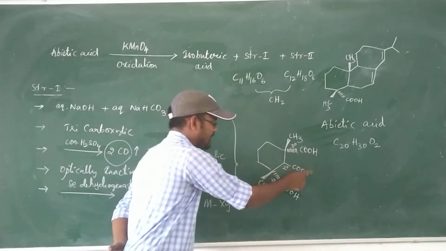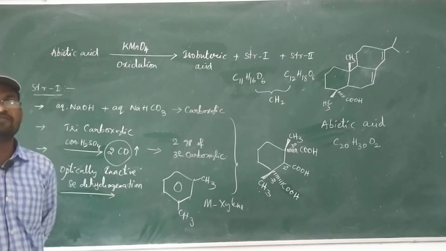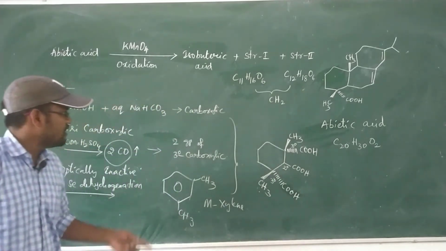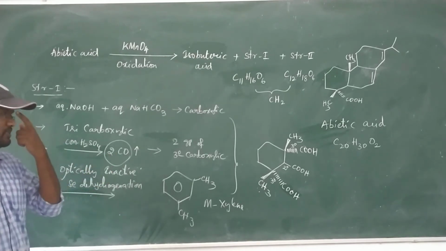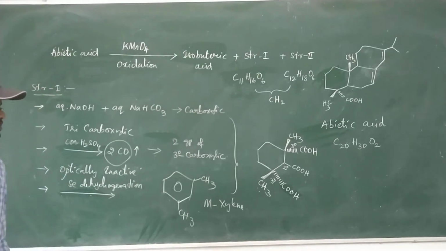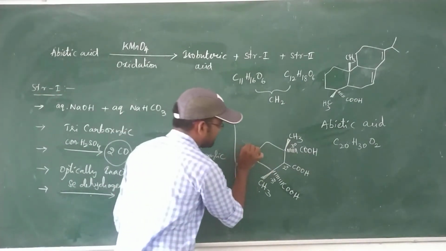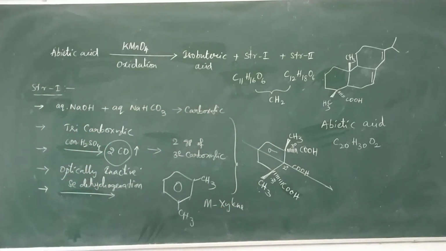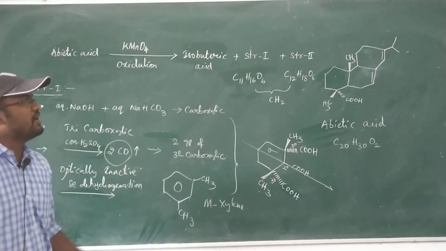Due to these three carboxylic parts, structure 1 undergoes esterification with 3 moles of ethanol, and due to the 2 tertiary carboxylic parts, in the presence of concentrated H2SO4 it releases 2 moles of CO. Having 2 methyl groups, selective dehydrogenation gives rise to methoxylene, and it is optically inactive because a plane of symmetry, sigma, is observed. This is the structural information of structure 1, having C11H16O6.